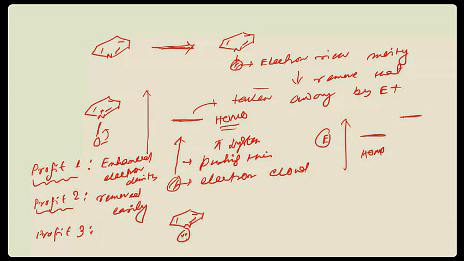From this lone pair, it can catch a lot of positively charged species. It is nucleophilic; it can take H plus or something. But by N-oxide formation, we are blocking that possibility. These three facilities we are getting from N-oxides.